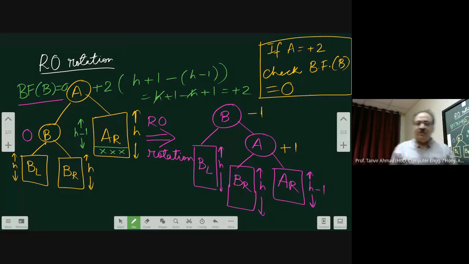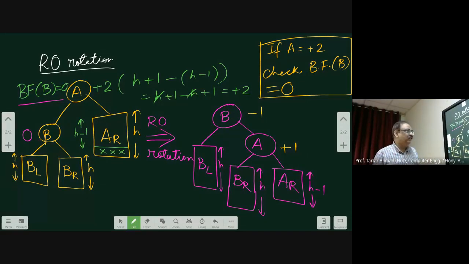Now, there could be some nodes above A also, which we are not concerned with, because we are only balancing that part. Any node which is coming above A will be put over there as it is. That means if there are some nodes above A, you just directly add those nodes at B, because B is now the new root.